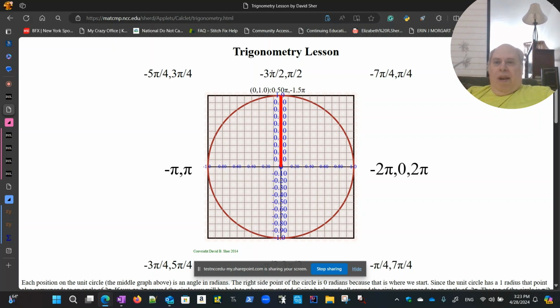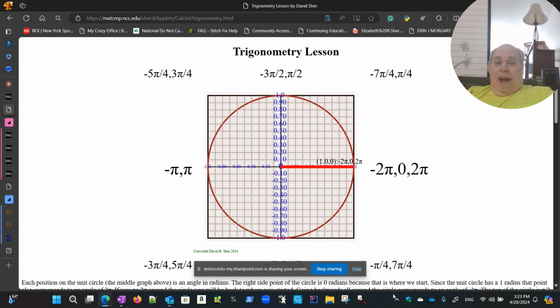This is like half a pi, 3/4 of a pi, pi, 5/4 of a pi. And here we have 1 1/2 pies, 7/4 of a pi, and 2 pies.